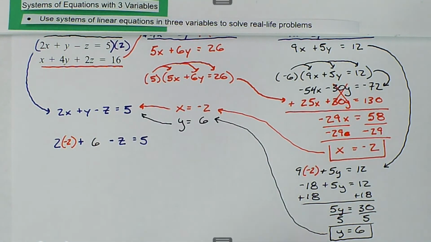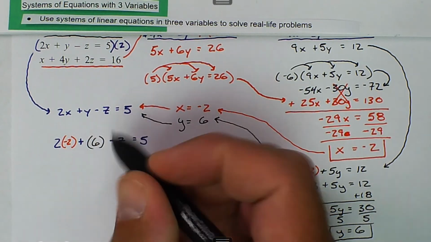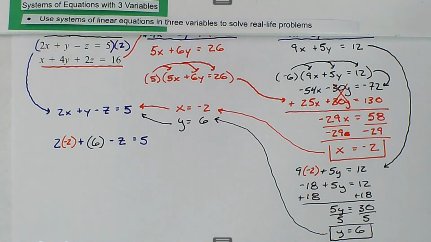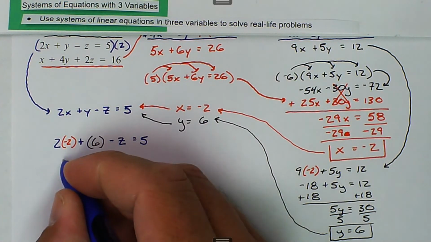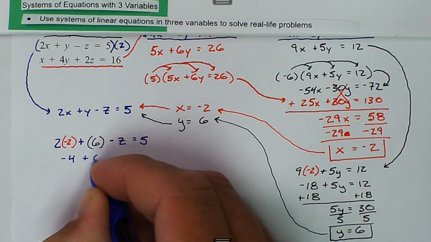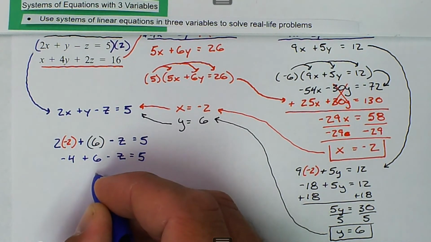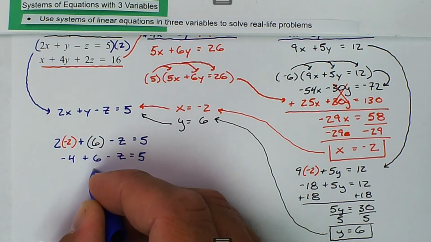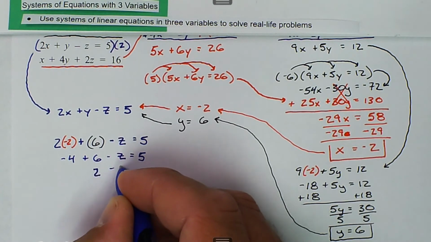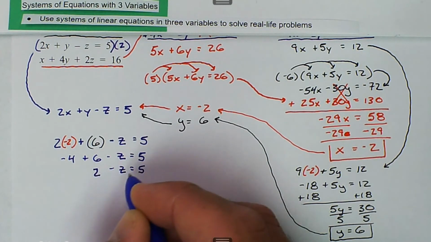So we get to go through and figure out what our solution is going to be for the z. So we get -4 plus 6 minus z equals 5. So 2 minus z equals 5.